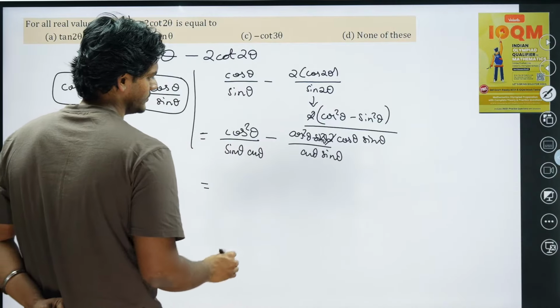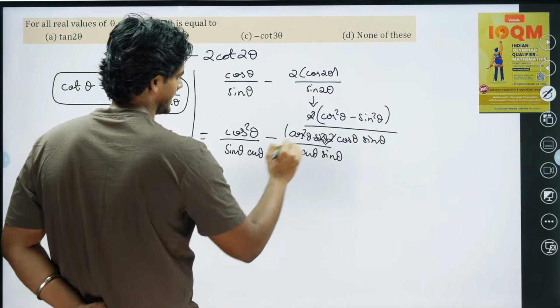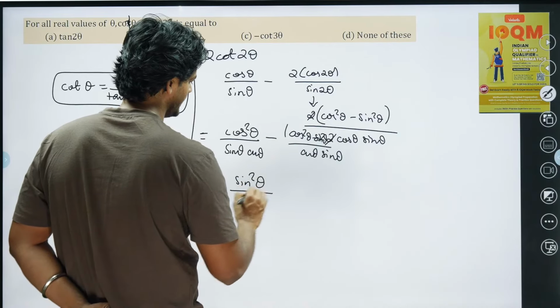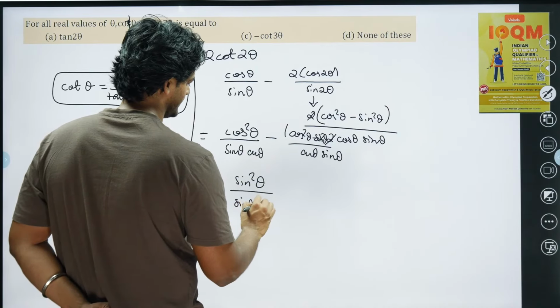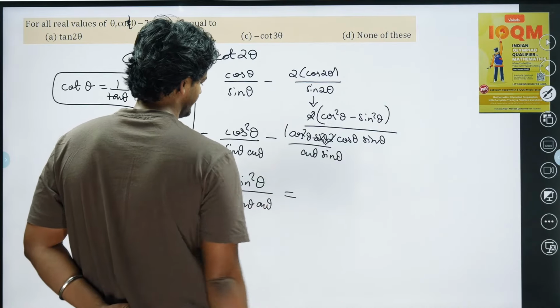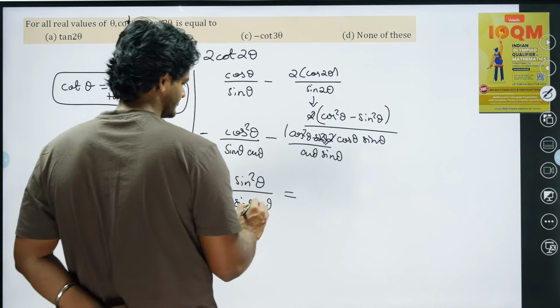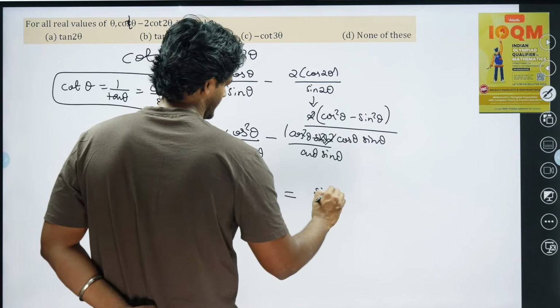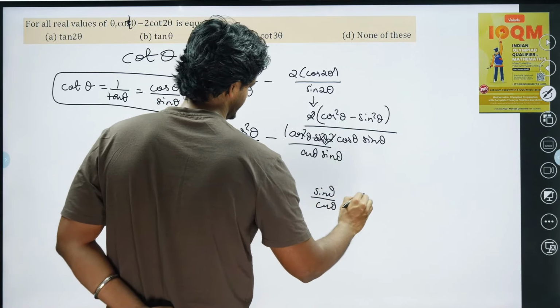So that should be equal to, this is in brackets, so I'll have sin square theta by sin theta cos theta. So this is sin theta by cos theta, which is tan theta.